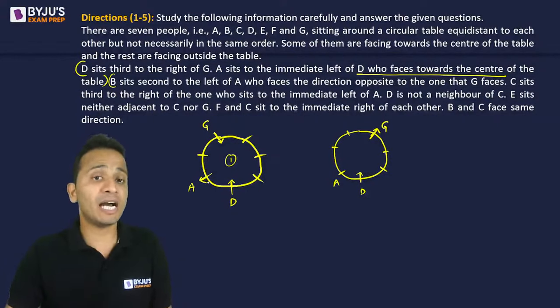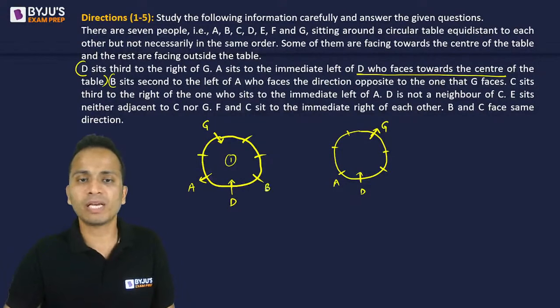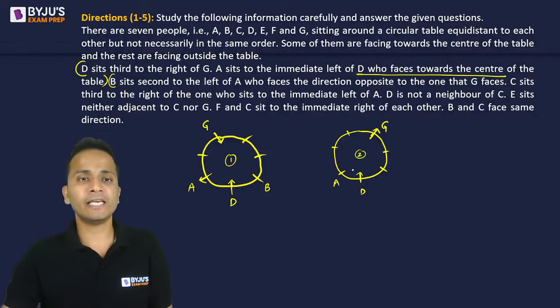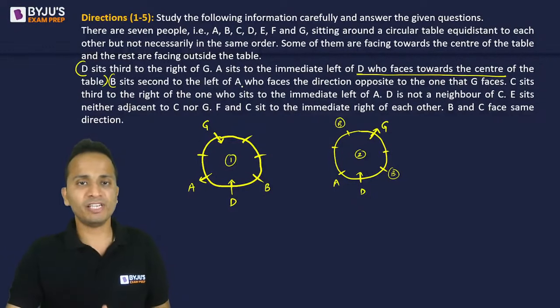So A must be facing outside and B sits second to the left of A, so B will come at this chair. Okay, now in the second case B can be at any of these two places. So B यहां पे भी हो सकता है, मैं सर्कल में डाल देता हूं, B यहां पे भी हो सकता है, depending upon the direction in which A is facing.